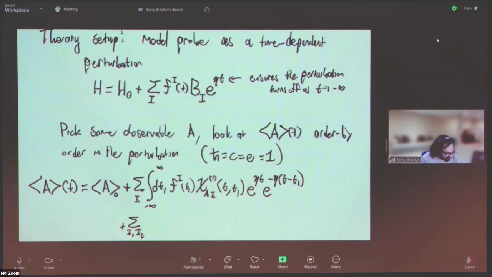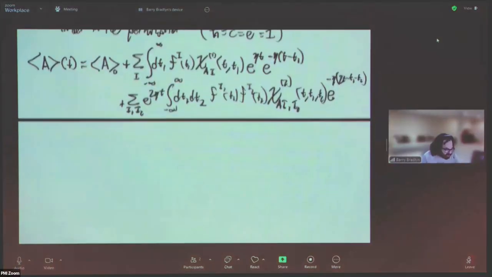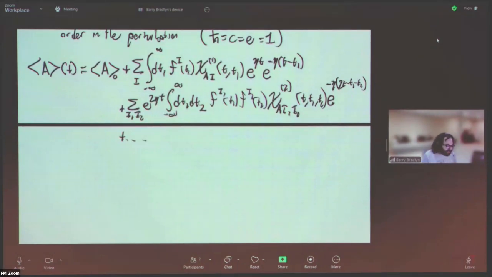Now there's an I1 and I2, some convergence factors that we'll write in a funny looking way for now, two time integrals, I1 and T1, T2, a function I'll call chi2, and e to the minus eta, 2t minus T1 minus T2. And we can continue this on to arbitrary order.